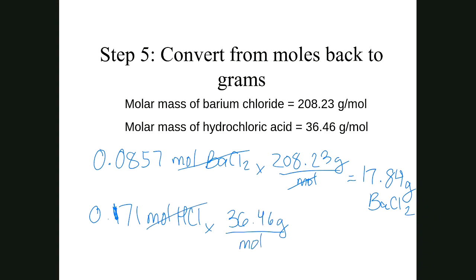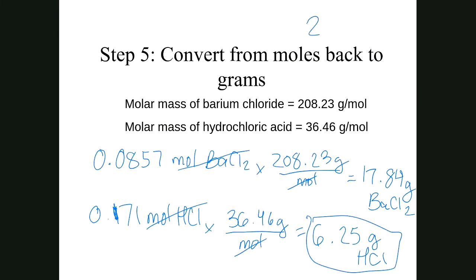Cancel out our moles, and we end up with 6.25 grams of HCl. So we needed to use 6.25 grams of HCl along with our 20.0 grams of barium sulfate to make our 17.84 grams of barium chloride, which we'll use in our fireworks.